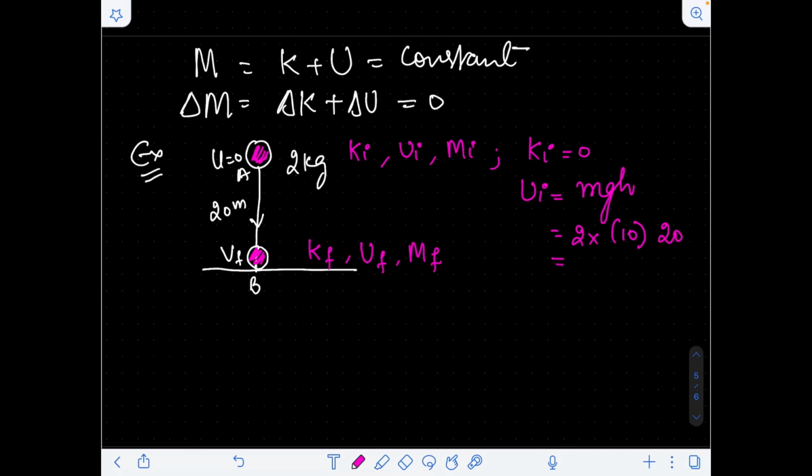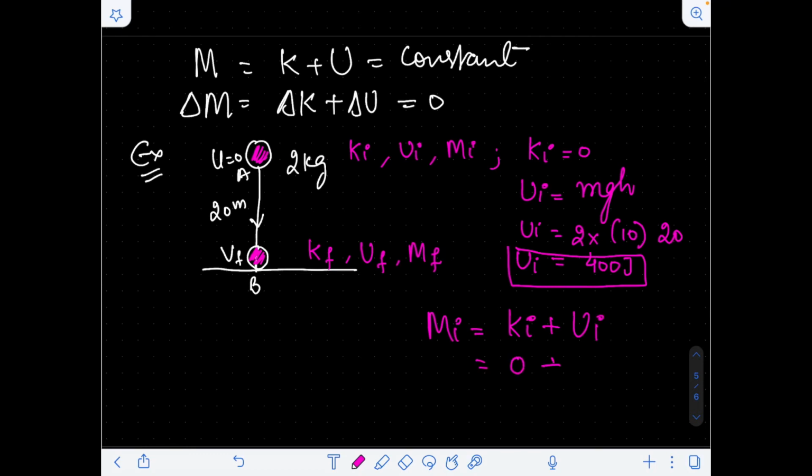It comes out to be 400 joule, the initial potential energy. So what about the initial mechanical energy? The initial mechanical energy is the initial kinetic energy plus the initial potential energy. The kinetic energy is 0 and the potential energy is 400 joule, therefore the total is 400 joule. So the initial mechanical energy is 400 joule in this example.